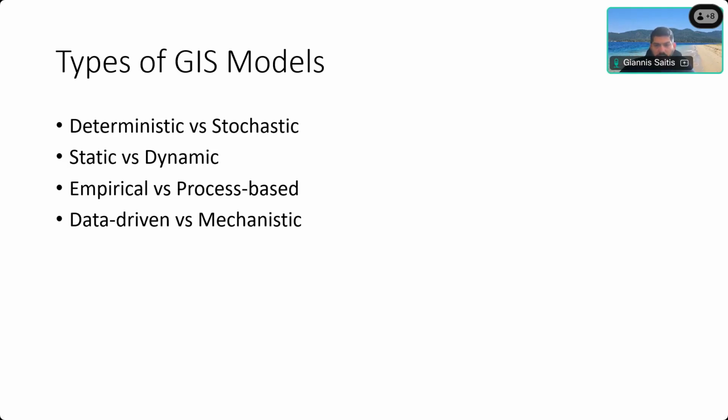There are specific rules in the deterministic kind of models, and these models can be re-executed by many different users.